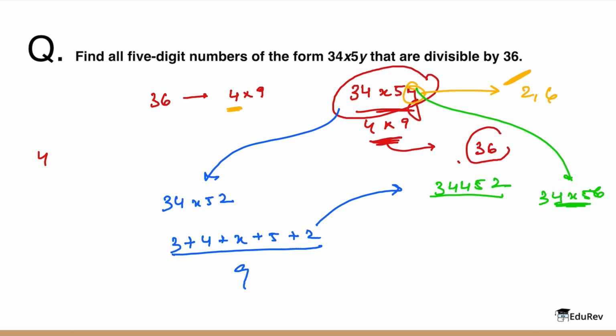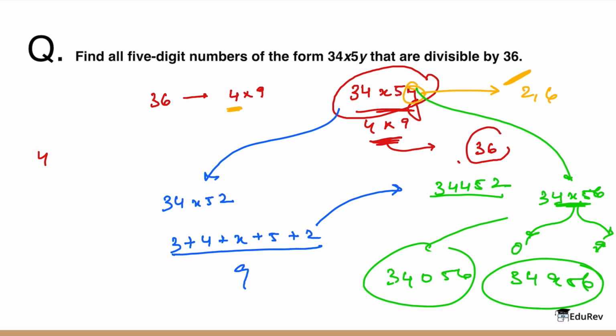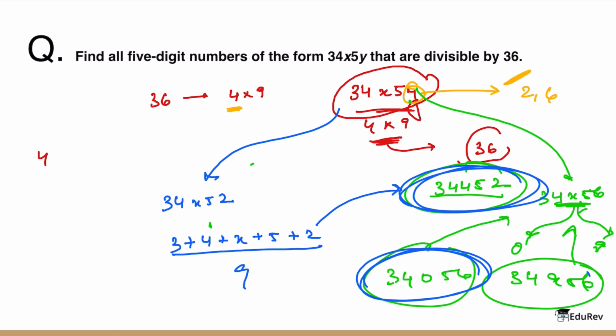So x can be either 0 or 9. Correct, then only it's going to be divisible. So the numbers are going to be 34056 or 34956. These numbers came out when y is 6, and when y was 2, this is the number that came out. So hence these are the numbers.